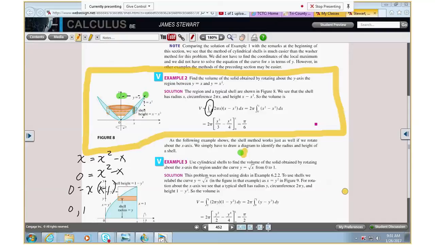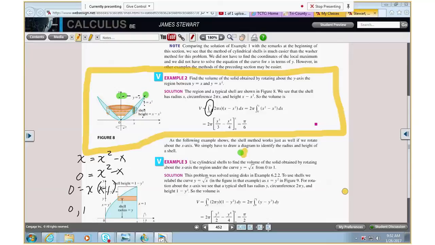You see what I'm saying? You've got to look at the problem, and you've got to pull up whatever you need to pull up on your computer, on your phone, on whatever, to see what the thing looks like. Because if you don't know what it looks like, you don't know what 0 to 1 means. You don't know where you're going to be revolving. You've got to draw a picture of it. You've got to get a mental picture of it, a 3D picture of it. Because if you're still looking at the football, you not only miss the train, you miss the boat.